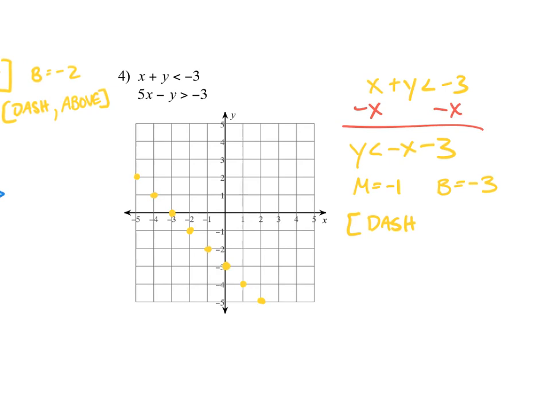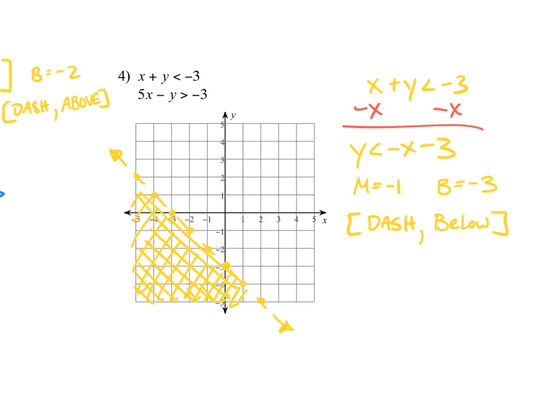So as I go to connect it, it is now a dashed line. And then I have to look. Well, as I solved it, it was y is less than, so it's going to be everything that is below. So I'm shading all the stuff that is down here. Questions on the first one?